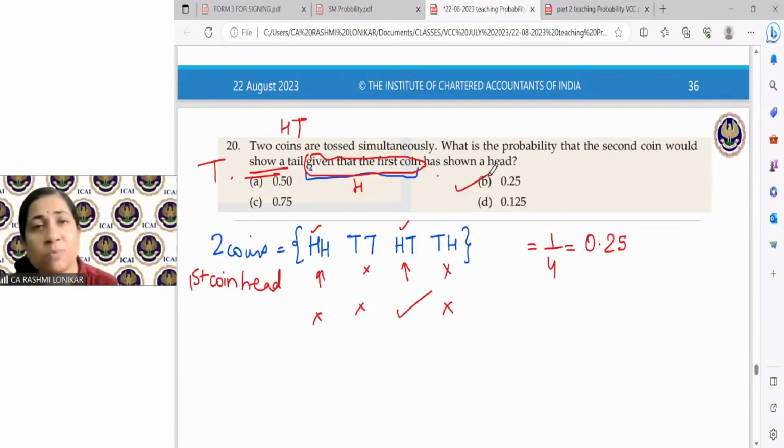Yes, Apurva, this is conditional probability. I can put it in the formula also, I can do that. But there is no need. Every time you need not have it for such a small question, you can easily do it like this also. And you can also do it with formula. Answer is 0.5?